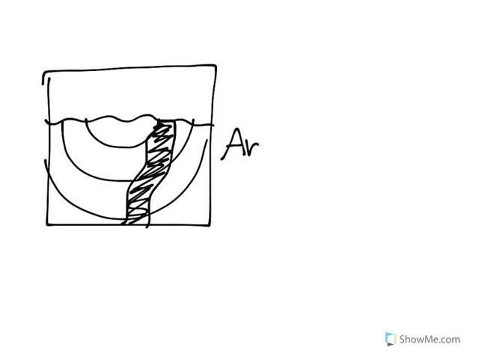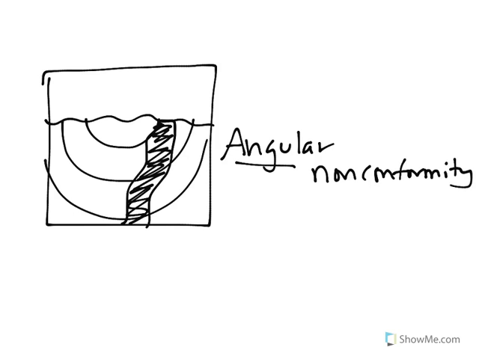So we use the word angular. Okay, do I have an igneous intrusion? Yes. Is my igneous intrusion getting eroded at the unconformity? Yes. So we add the word nonconformity. It's like having a first name and a last name. It's an angular nonconformity.